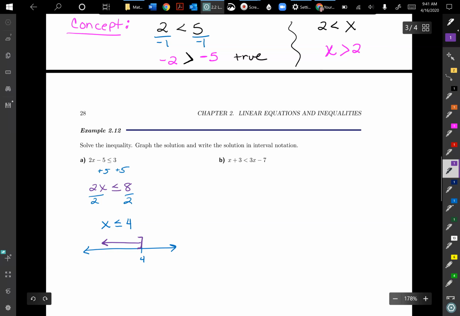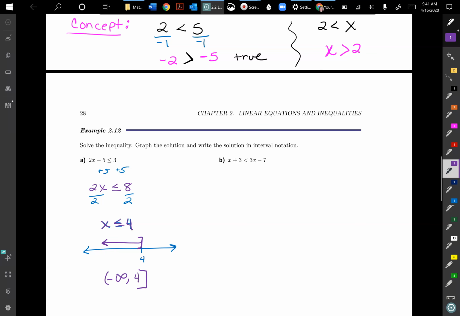It's everything less than 4, but including 4. And then lastly, our interval notation will be -infinity to 4 with a bracket. Make that match in color. So those are the three forms of an answer.